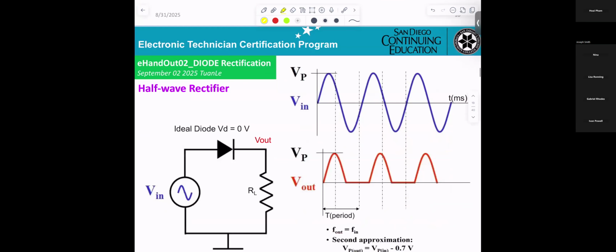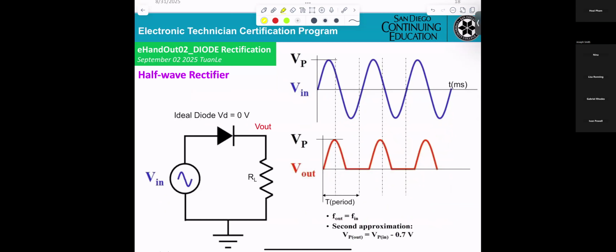Now another circuitry, half-wave rectified. For this circuitry, you get a sine wave applied to the diode. Basically the positive turns on the diode, and the diode passes that positive.